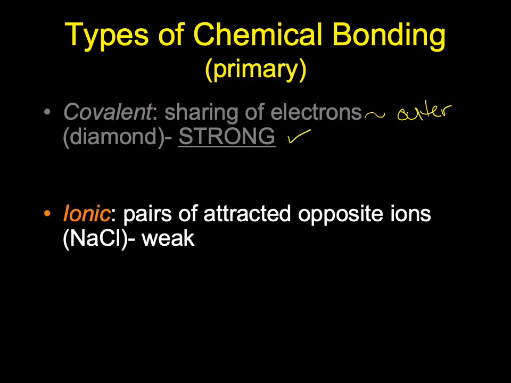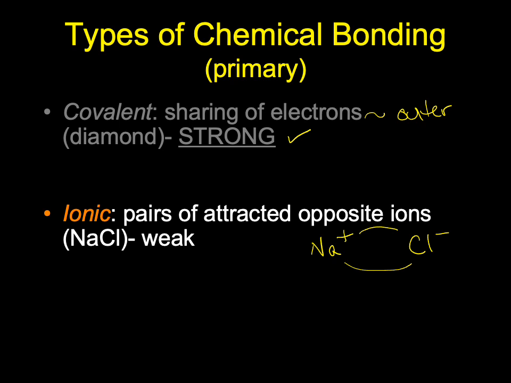We also have ionic bonds. For example, if you have a sodium atom and it gives up an electron, it becomes positively charged. When you have a chlorine atom, it accepts an electron to become negatively charged. You can now get an attraction between oppositely charged ions, the sodium cation and the chlorine anion, and that can create something called an ionic bond.